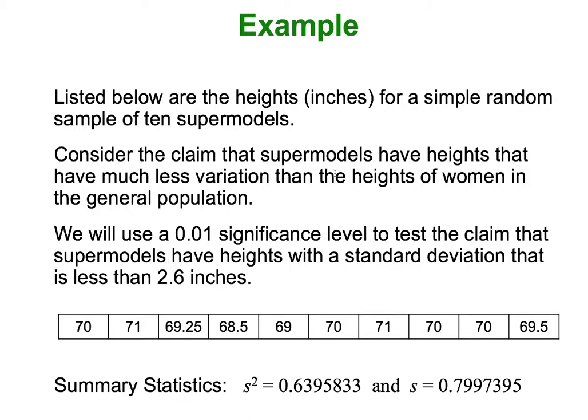We don't know that that is really the standard deviation, but that's what we're given. Using this sample, we calculate the standard deviation to be 0.7997395, and the variance to be 0.6395833. Those are the values we'll use in calculating our test statistic.